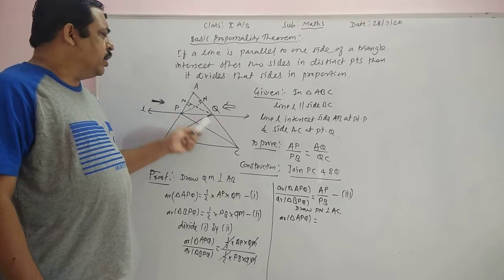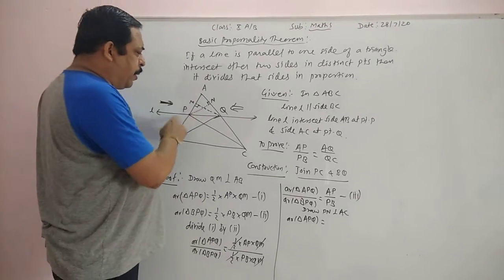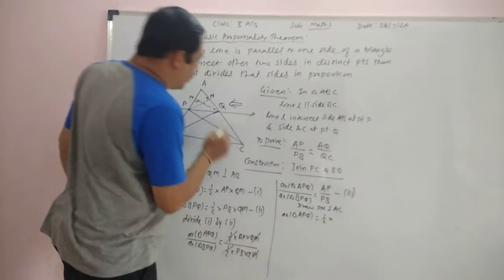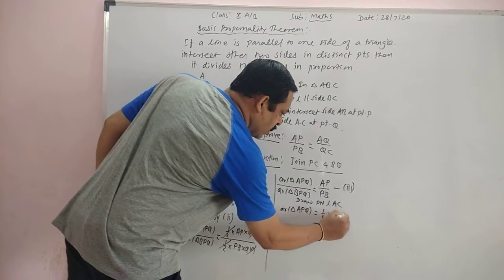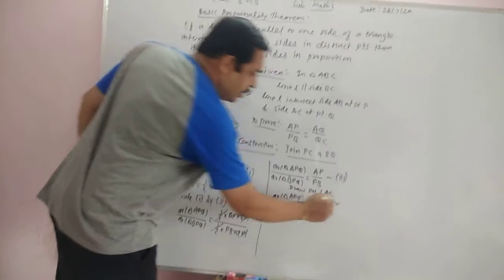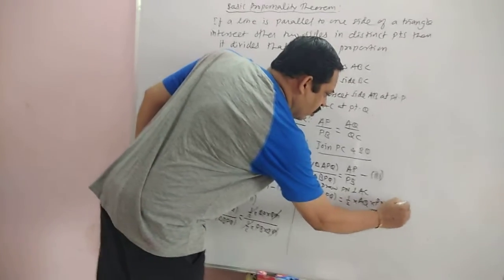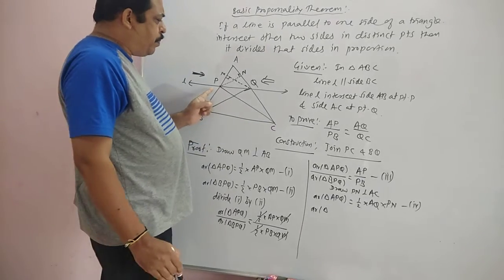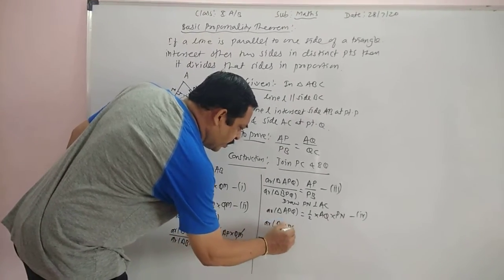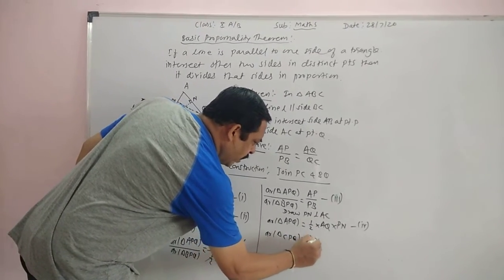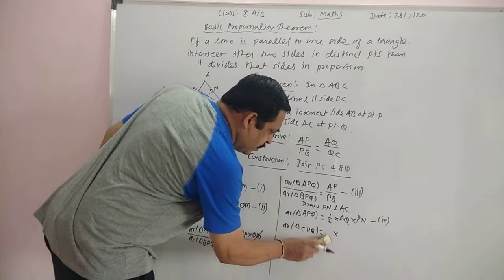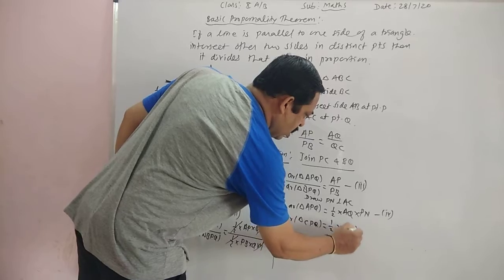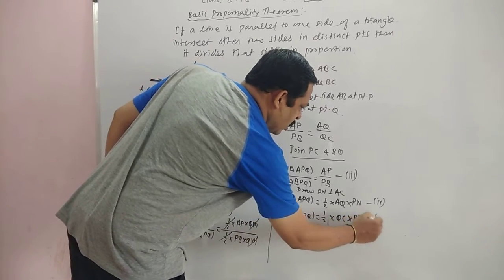That PN is the height of both triangles. Area of triangle APQ is equal to 1 by 2 into base AQ into height PN. Equation 4. Now area of triangle CPQ equals 1 by 2 into base QC and height PN, same height. Equation 5.